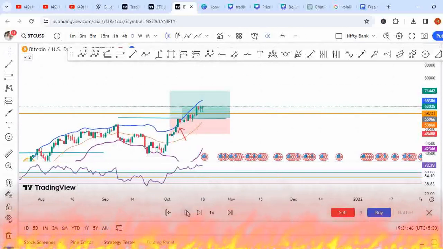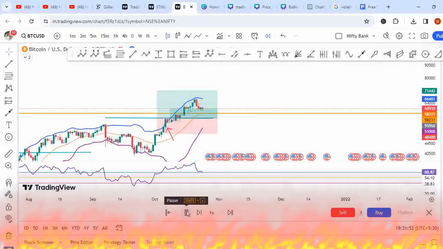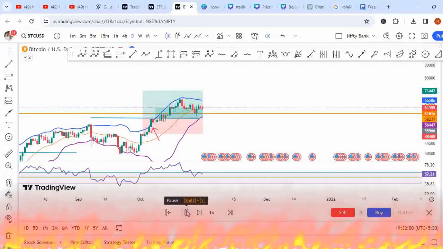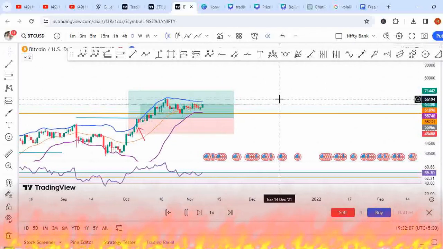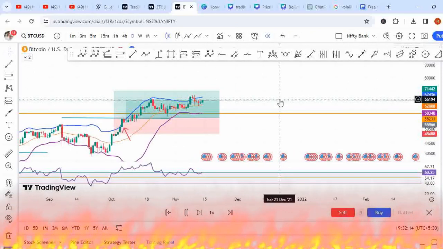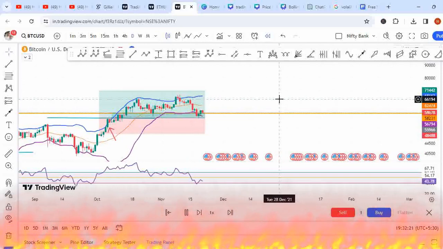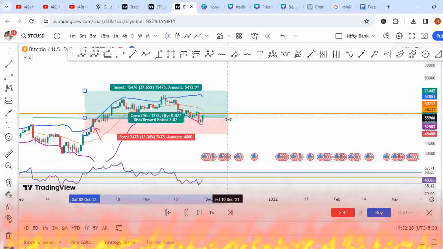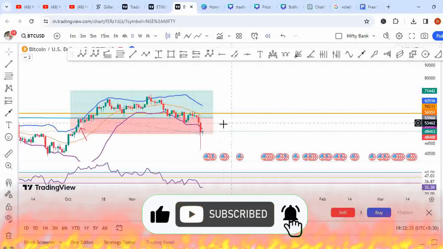Okay, here, let us check now. Here you have hit your stop loss.